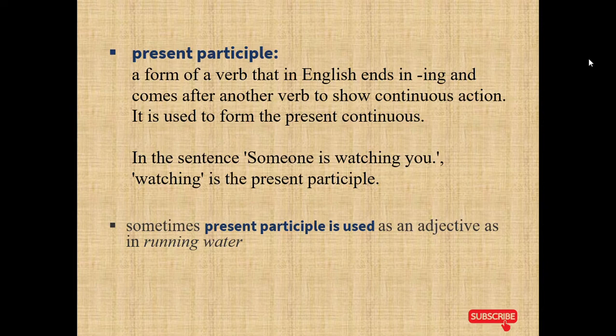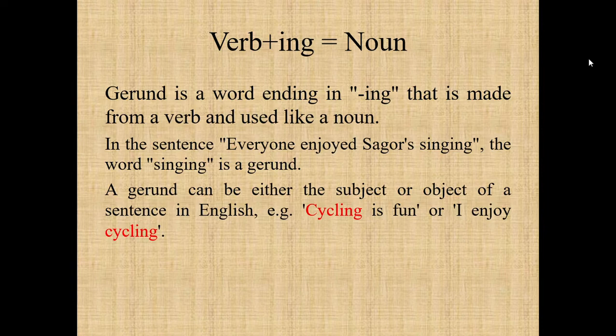Read this slide to know more about present participle. Verb plus ing is called present participle. Similarly, verb plus ing is called gerund. Where lies the difference? When verb plus ing works as an adjective, it is called present participle.